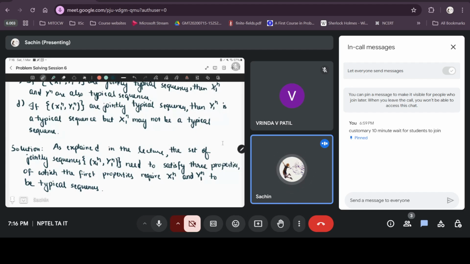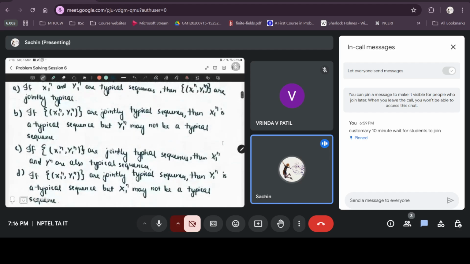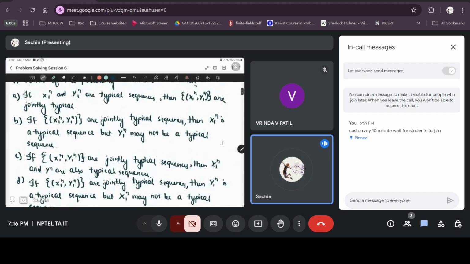That's directly from the definition. So the correct statement among these is option C.